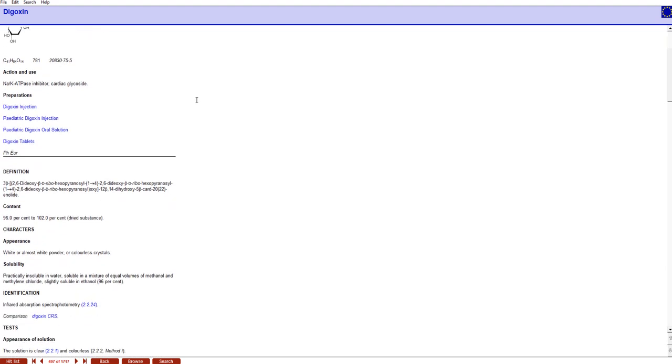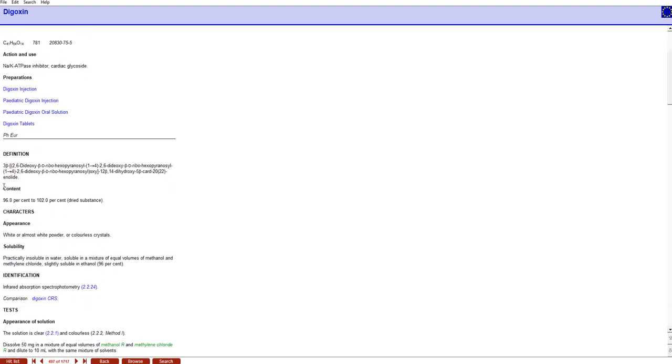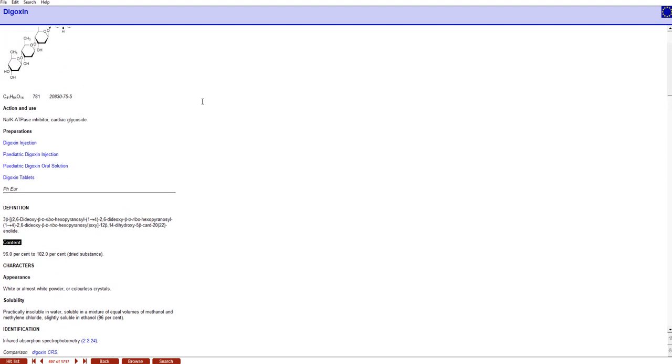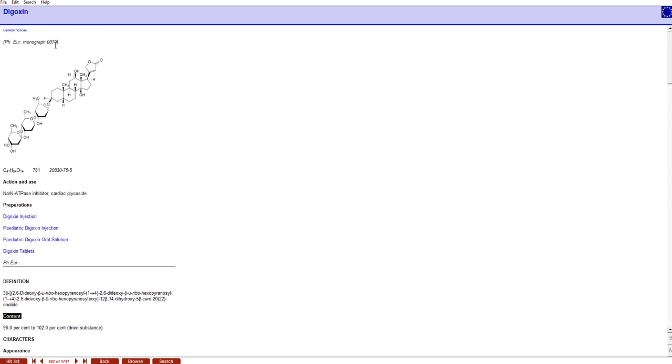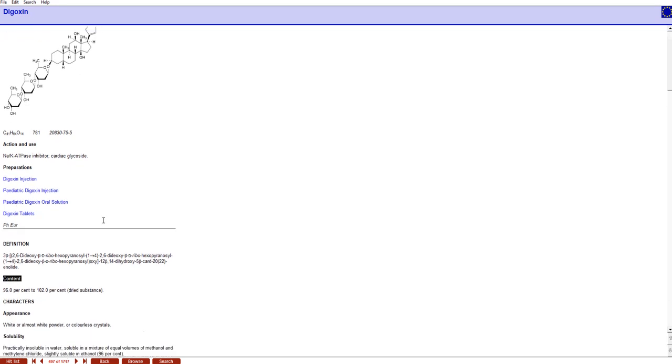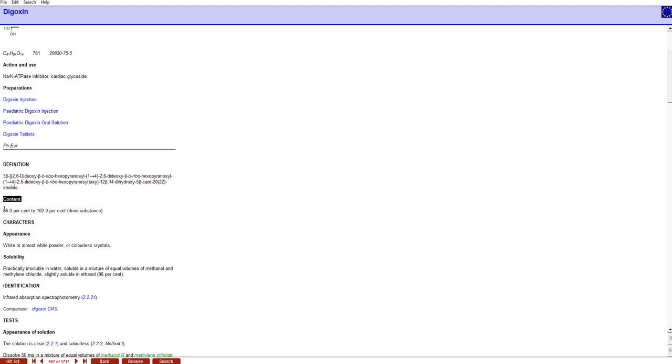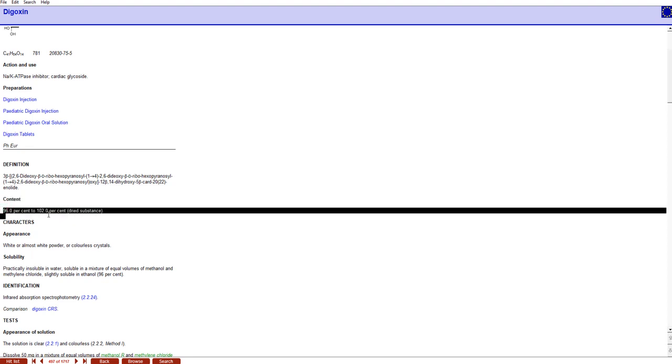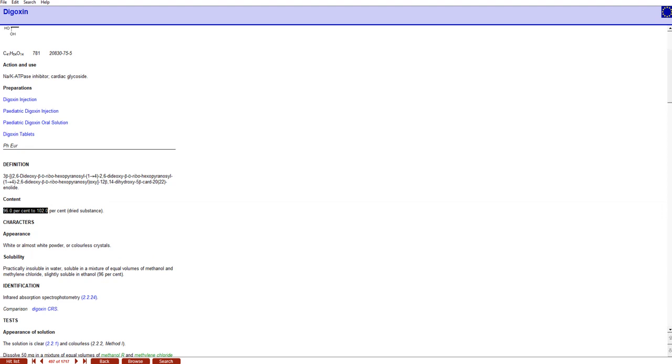See here, content. Now I'm talking not about the digoxin product, I'm talking about the raw material. Here it says that digoxin must be 96% to 102%.